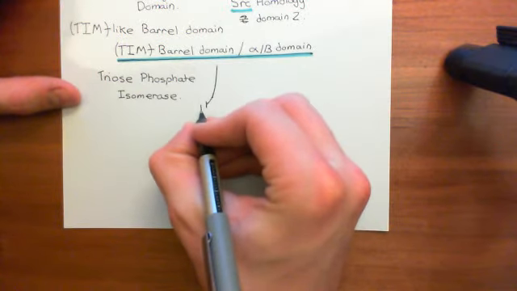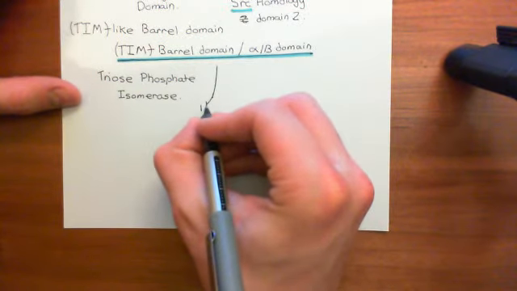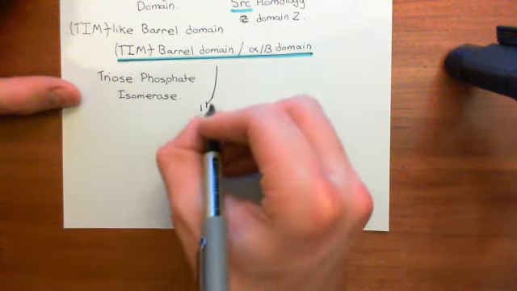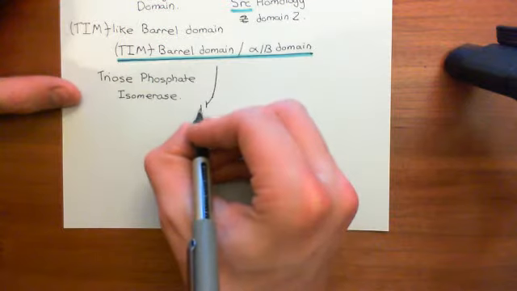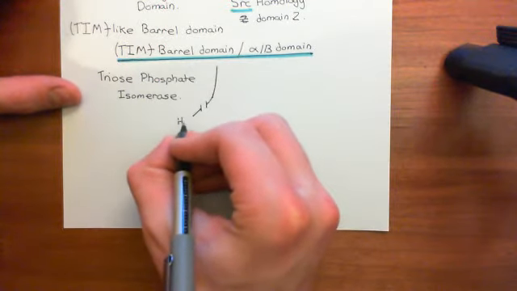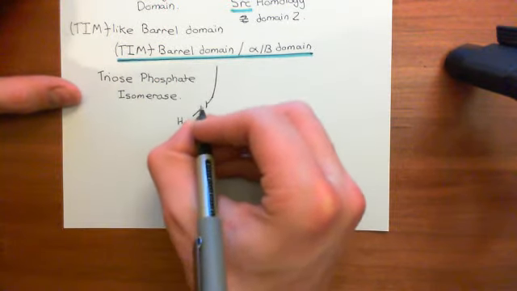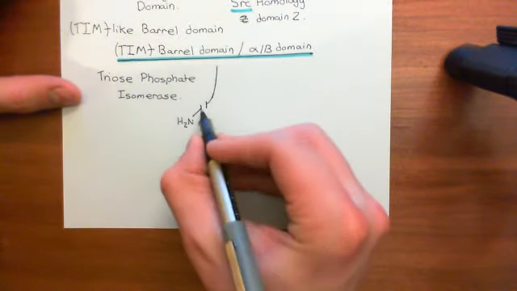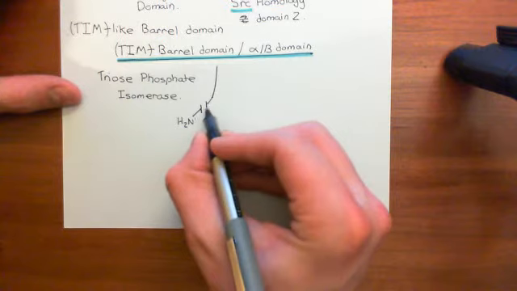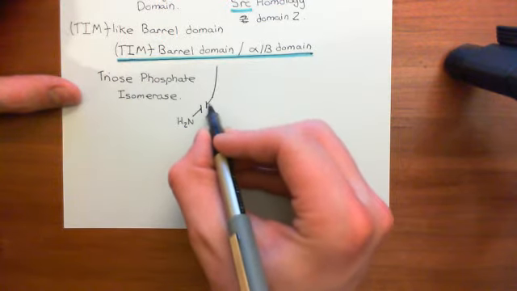I don't want to just put the amino terminus there, because there could be all sorts of things prior to the TIM barrel domain. So I'm going to use this notation where you put the amino terminus here, and then you put these two parallel lines like so, which means that there could be all sorts of stuff inserted in between here and here.